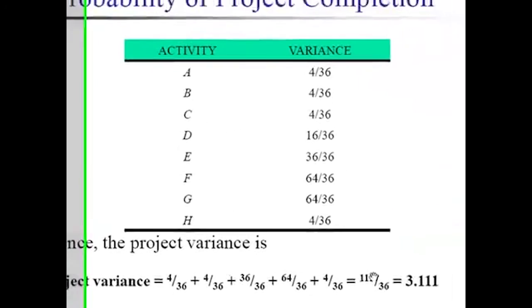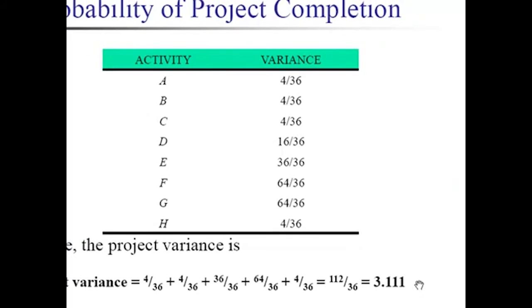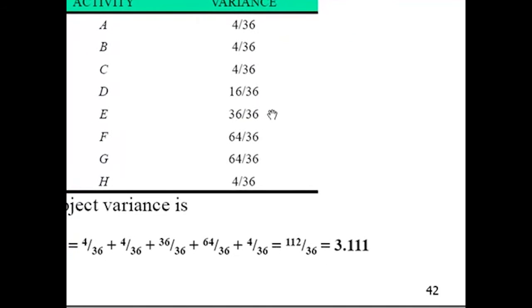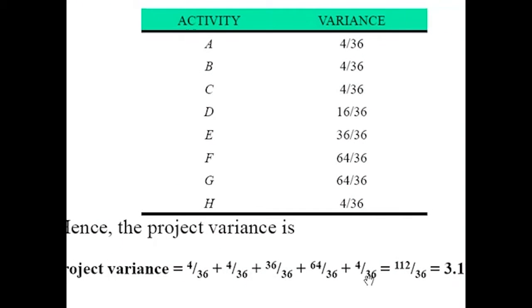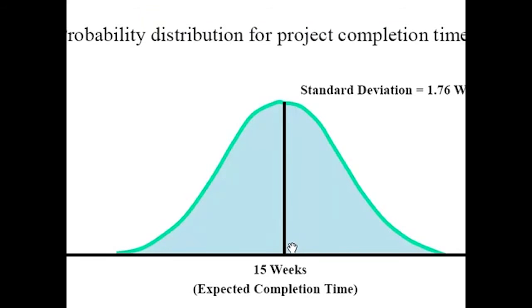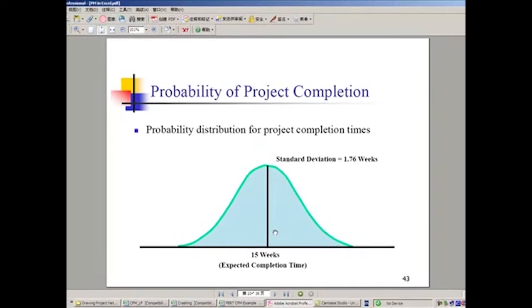if we calculate the project variance, assume that all the activities in this project are independent. So in that case, we simply sum up the variances of all these critical activities and use this sum as the project variance. Because other people argue that a real project may contain more than 100 or more than 500.